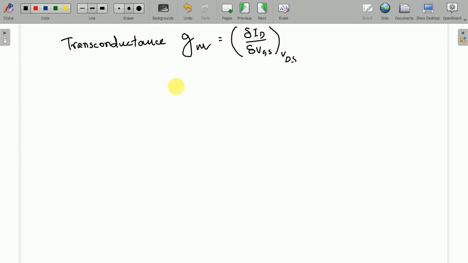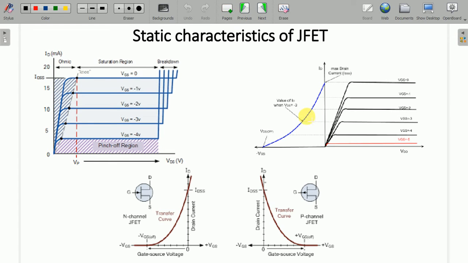From where to find this value? If you go back to this part, if you draw a tangent, or even if you take this one, from here you can find out delta ID, and from here you can find delta VGS.